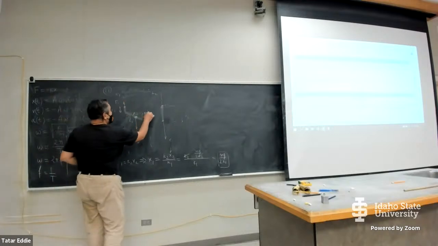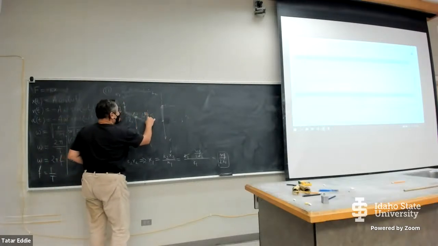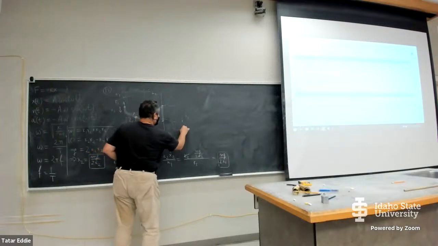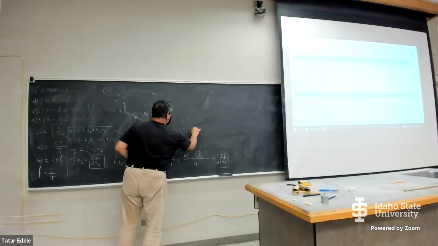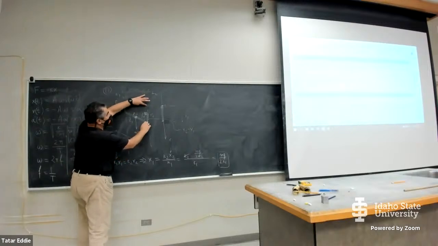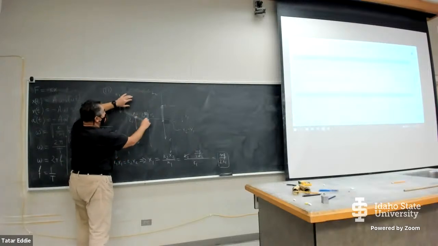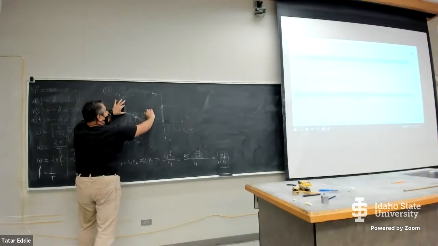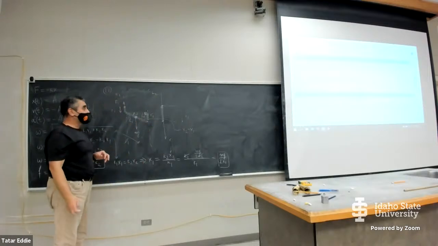So this side of the triangle is exactly x2 minus x1, right? Because x2 is this, x1 is this. When you subtract, you get exactly this length of the side.